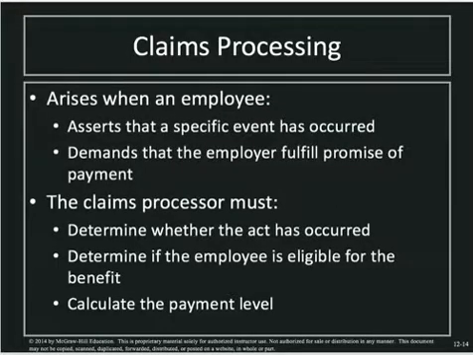Claims processing arises when an employee asserts that a specific event, maybe a disability, hospitalization, or even unemployment, has occurred and demands that the employer fulfill a promise of payment. As such, a claims processor must first determine whether the event has, in fact, occurred. If the event did occur, the second step involves determining if the employee is eligible for the benefit.